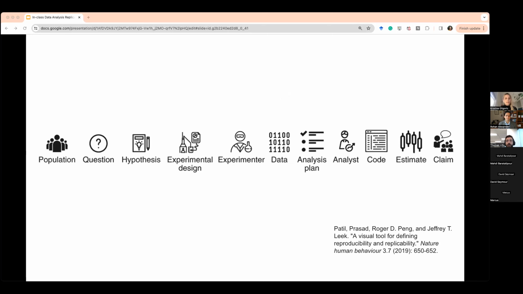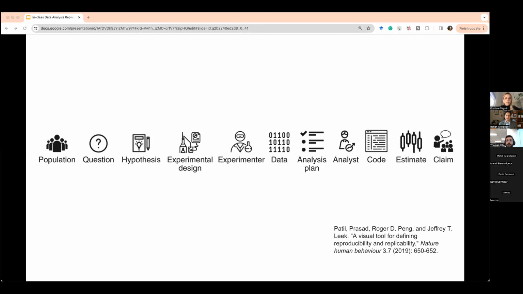Recently, to make sense of what we as scientists do and what can go wrong in that entire process, Patil and colleagues introduced a very useful framework where they consider key components of a scientific study pipeline.